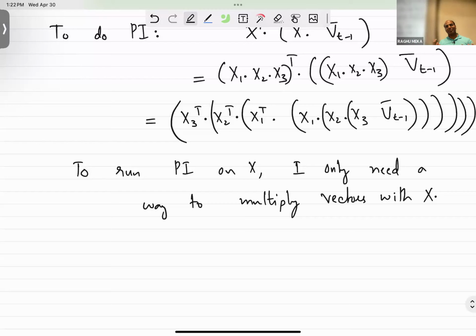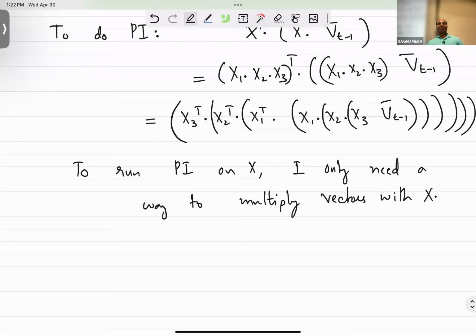You can do the transpose for that. Yeah, X transpose V, you have to be able to multiply on the left and right.